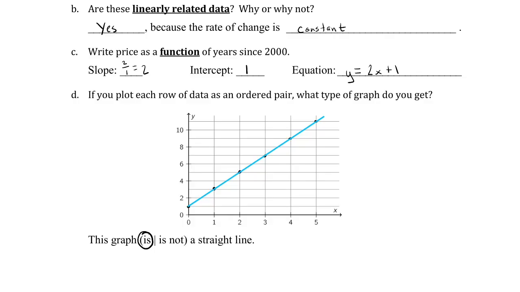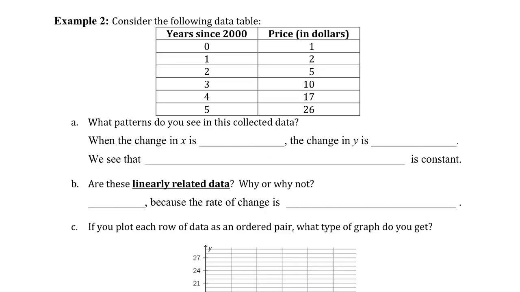Now, contrast that with the pattern that we're going to see in this next example. In this next example, we see a similar pattern in the inputs. Every time we go down a row, the input increases by 1.